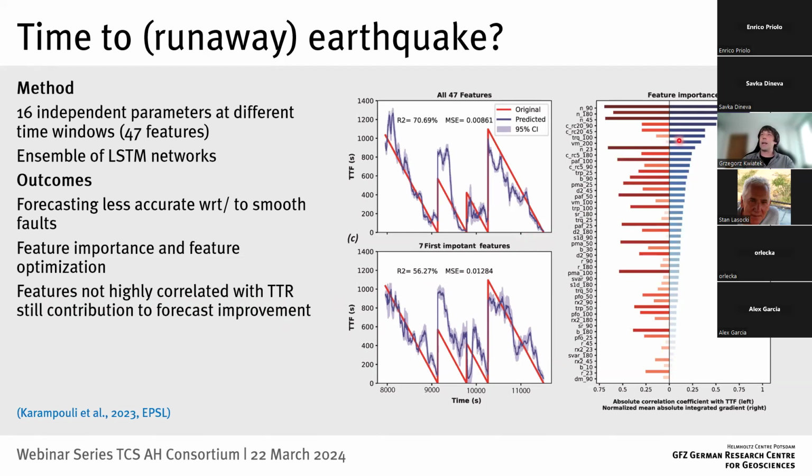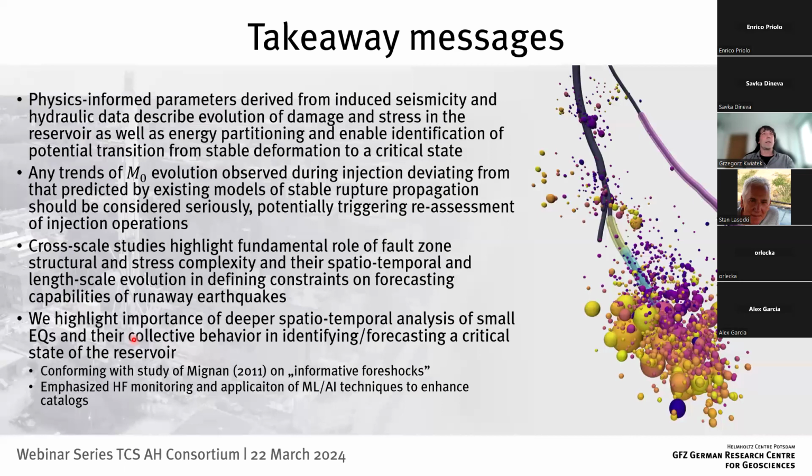And there's a nice example here: a parameter that is fault plane variability. It basically describes the complexity of the focal mechanisms of the neighboring events. This feature is really badly correlated with time to failure, but its importance for the time to failure prediction is pretty high.